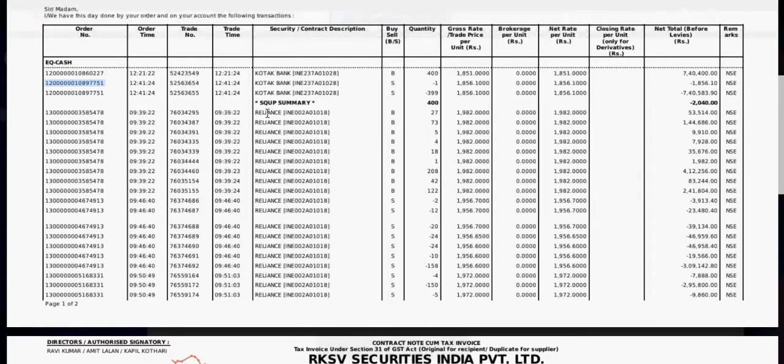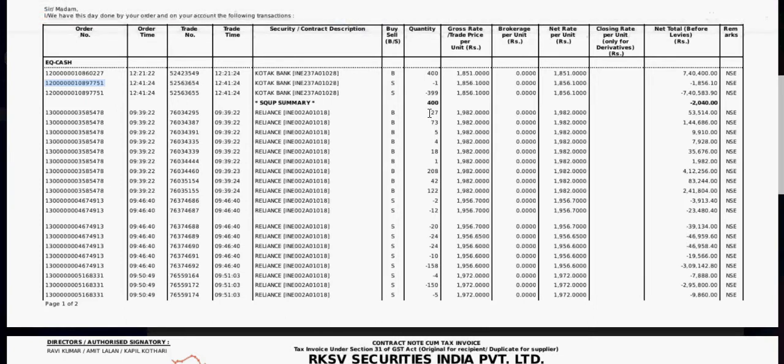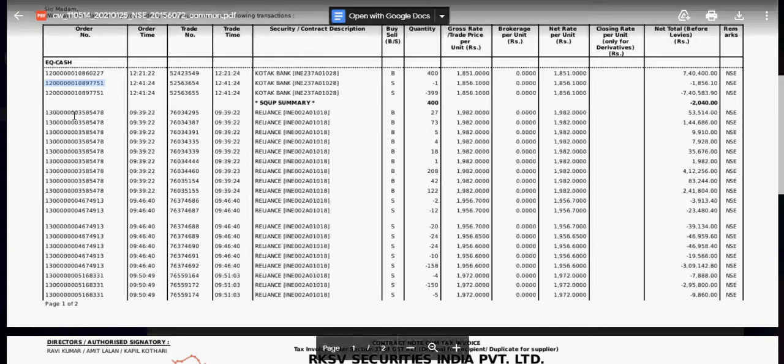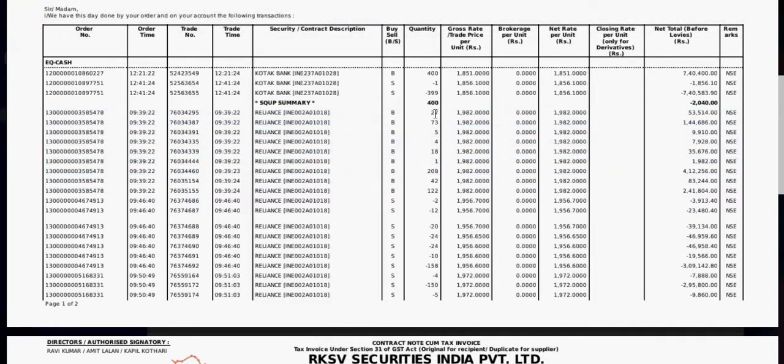I have taken a long position in Reliance at around 9:39 a.m. So at 9:39 a.m. I punched in 500 shares of Reliance, and you can see the order ID is the same here. All the trades have the same order ID. That is because I punched in a big order of 500 shares and there was no single seller of 500 shares.